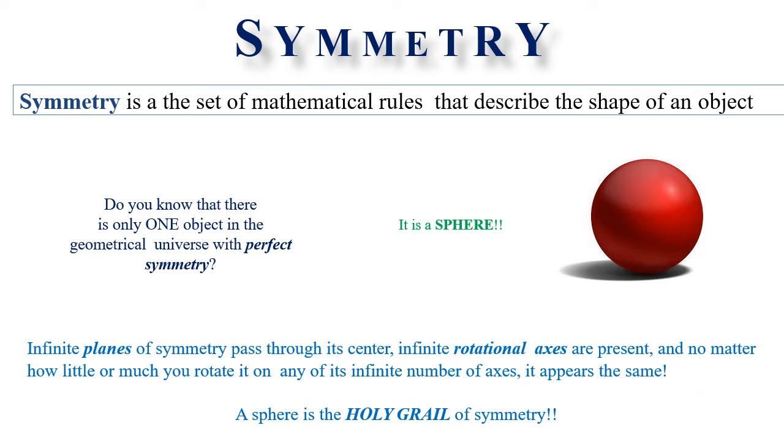In a sphere we have infinite planes of symmetry that can pass through its center. There can be an infinite set of rotational axes. No matter how little or how much you rotate on any of its infinite number of axes, the sphere is going to appear similar in all orientations. So the sphere is in fact the holy grail of symmetry.